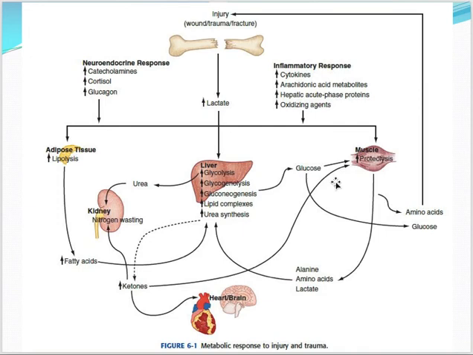The same thing we should know about proteins, lipids, and carbohydrates. We must know the essential amino acids and the non-essential amino acids. Since we are studying surgical metabolism, these things are very, very important.